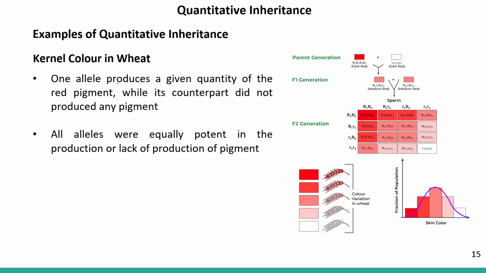One allele produces a given quantity of the red pigment while its counterpart did not produce any pigment, right? All alleles were equally potent in the production or lack of production of the pigment. So one is producing the pigment while the other is not producing any type of pigment. So we can have a different variation of color in the progenies, in the F2 generation.